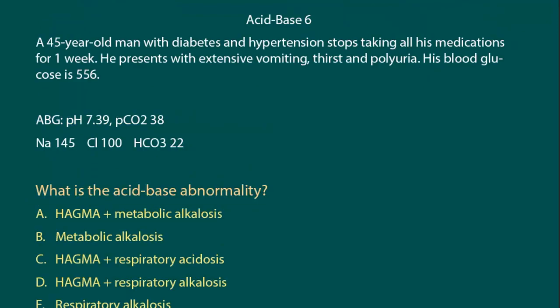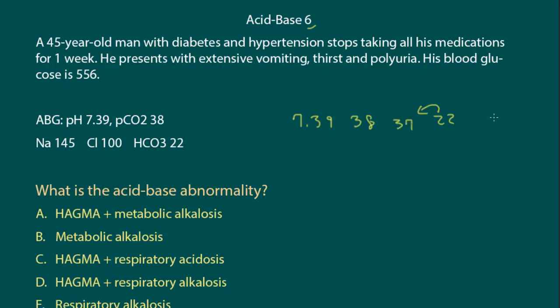Question number 6. We have a 45-year-old man with diabetes and hypertension. He stopped taking his medications a week ago. He presents with extensive vomiting, thirst, polyuria, and a blood glucose of 556. pH 7.39, PCO2 38, bicarb 22, expected PCO2 37.